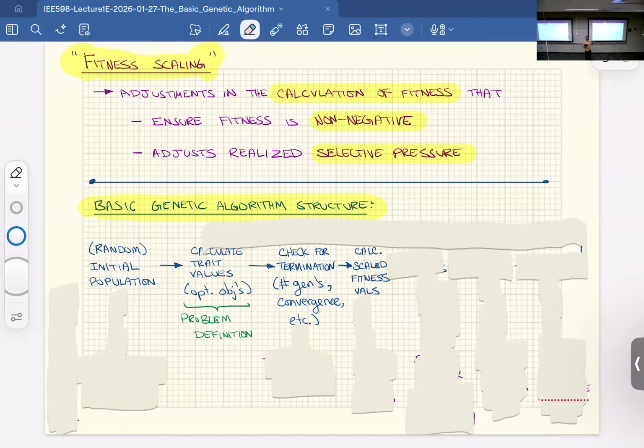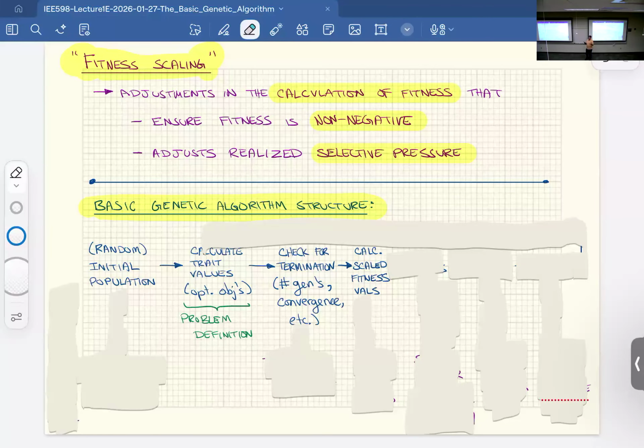If it looks like my population's trait values are really close together, so that I'm not exploring the space very much, I might say that once those are so small that I'm not anticipating much more movement, I might end the algorithm. So you can come up with these convergence conditions or general termination conditions, and generally speaking, a commercial optimization algorithm will give you a bunch of different options there that you can set.